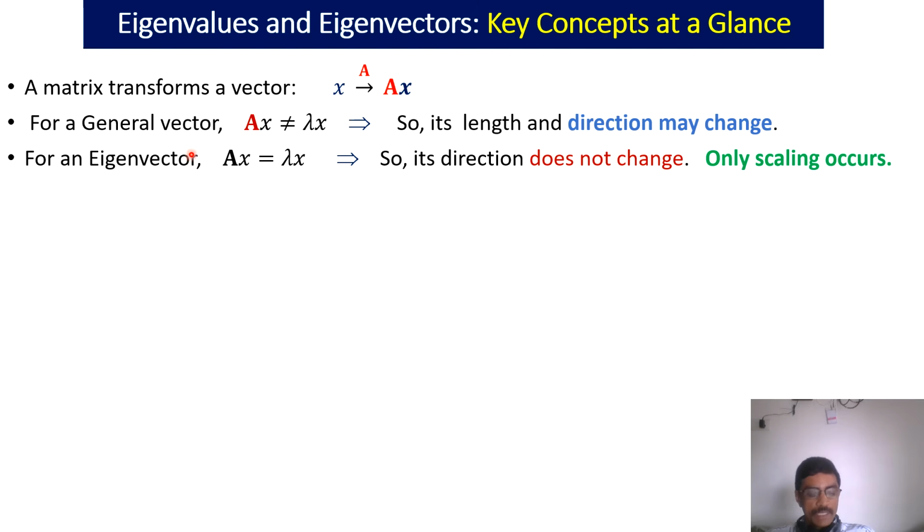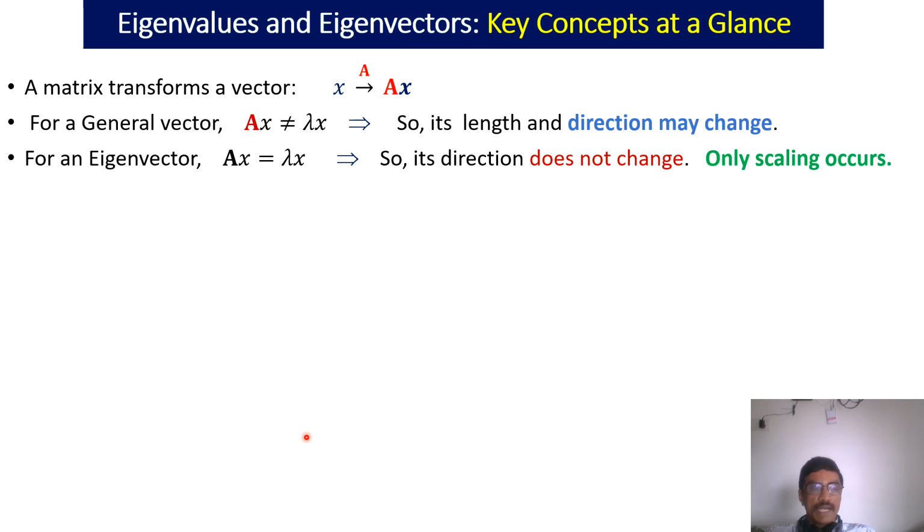Usually this transformation changes both length and direction of the vector. In the case of a general vector, the new vector Ax is not parallel to the original vector x. So Ax is not equal to lambda x.